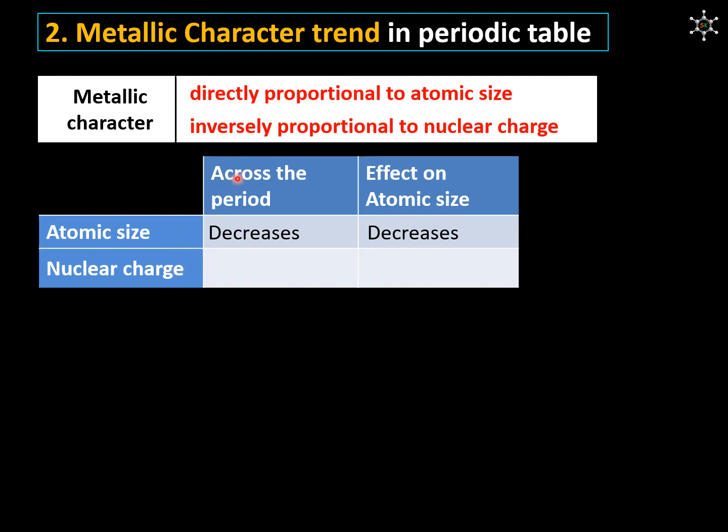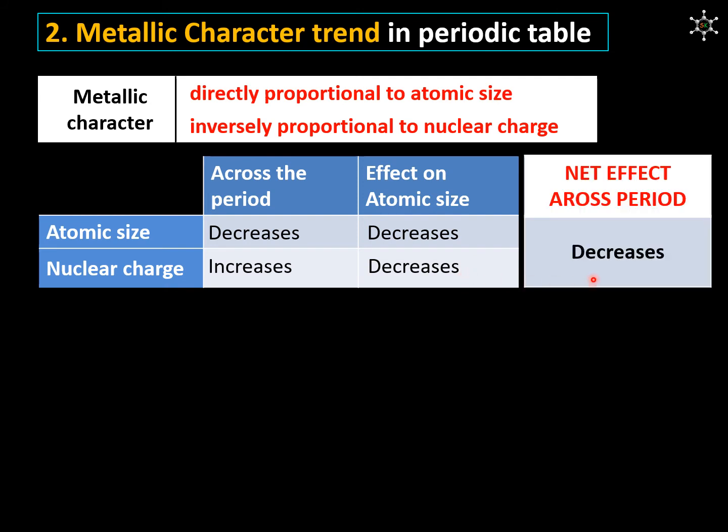Nuclear charge across the period increases. Since nuclear charge is inversely proportional to metallic character, metallic character is expected to decrease across the period because of nuclear charge. What happens to the metallic character across the period will be a net effect of these two, and that is metallic character across the period decreases.